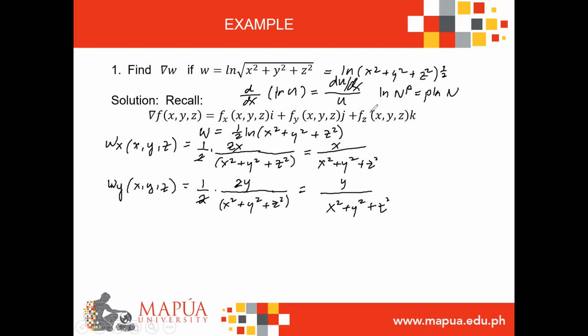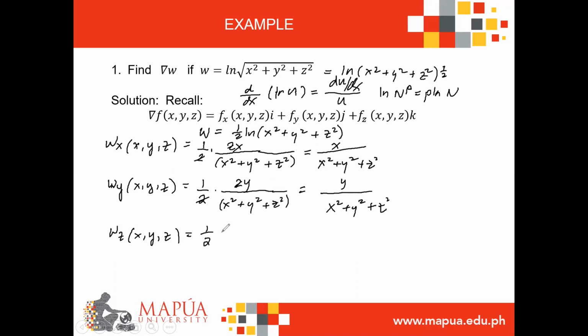Then finally, let's get the partial derivative of the given function w with respect to z. This is our function. This time x and y will be considered as constants. Copy your constant 1/2, then take the derivative of ln u. x squared is 0 because it's a constant. Same with y squared, it's also 0 because it's also a constant.